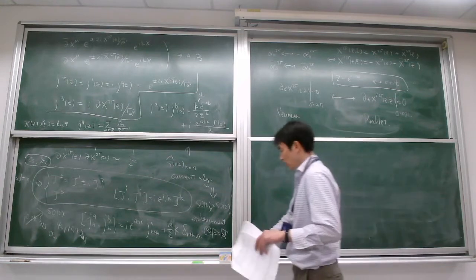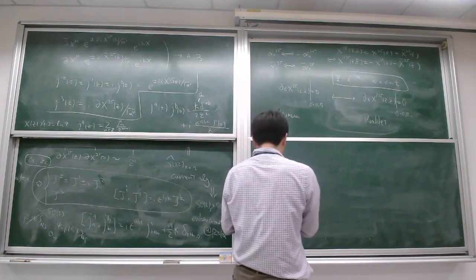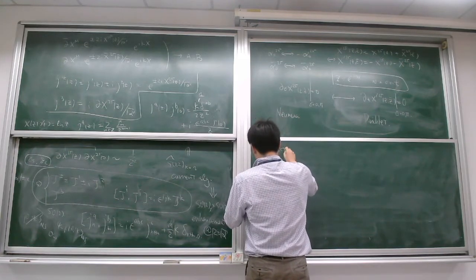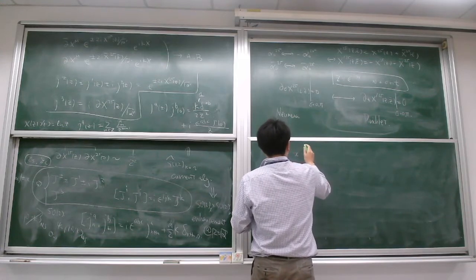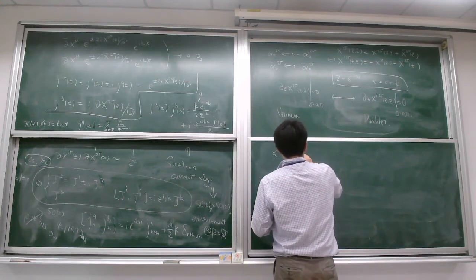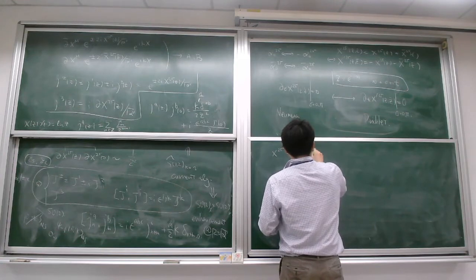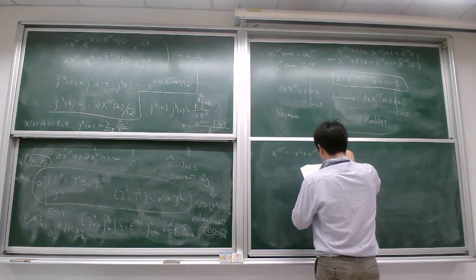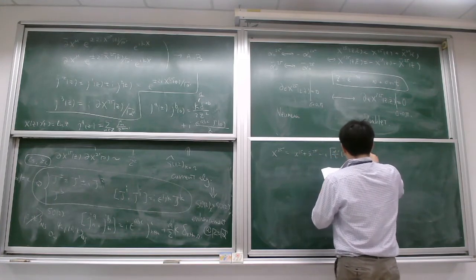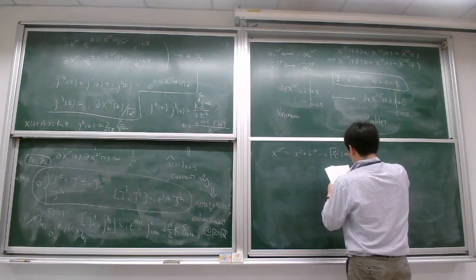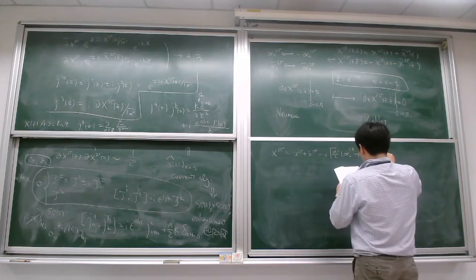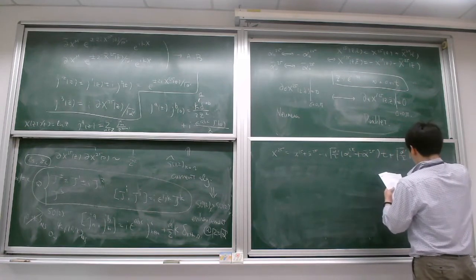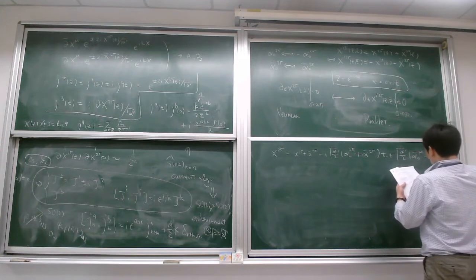After normalization, what was the normalization? So let's see. It used to be x25 is equal to x0, the zero mode, center of mass mode, plus x bar 25 plus minus i square root of alpha prime over 2 alpha 0 mu minus alpha bar 0 mu times t, plus alpha prime over 2 alpha 0 mu minus alpha bar 0 mu times sigma.